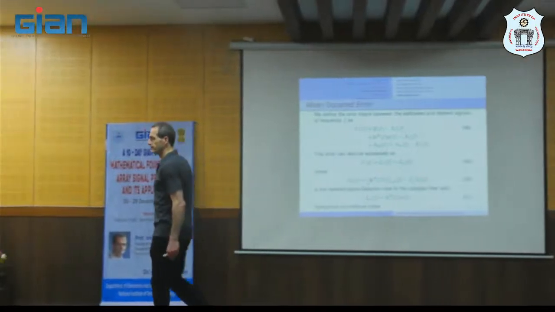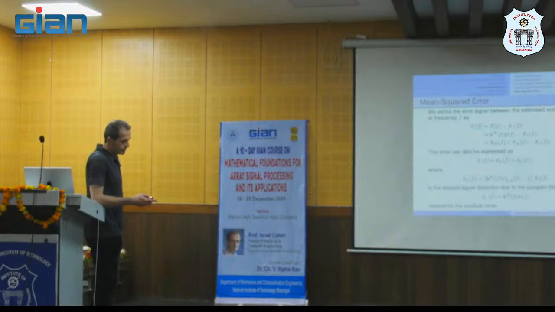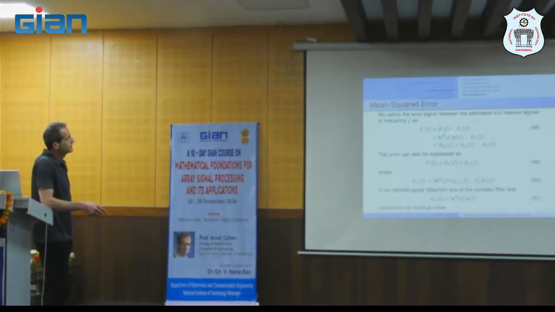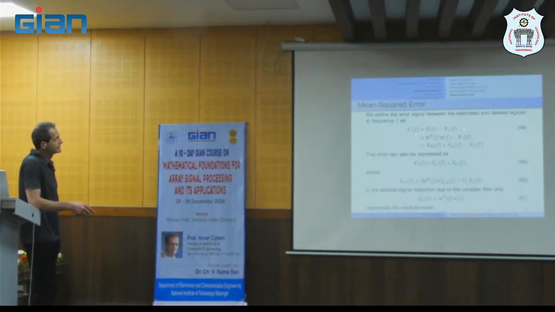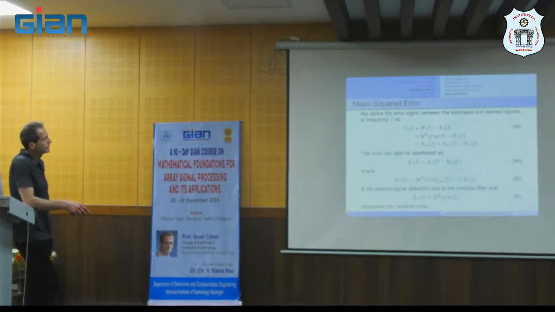Mean squared error. So mean squared error is the error between the estimate of x1 and x1. The mean squared error of this difference. If we take this difference, it can be split into two components, which are uncorrelated. One component is the error between the filter desired and X1, so that it relates to the distortion.